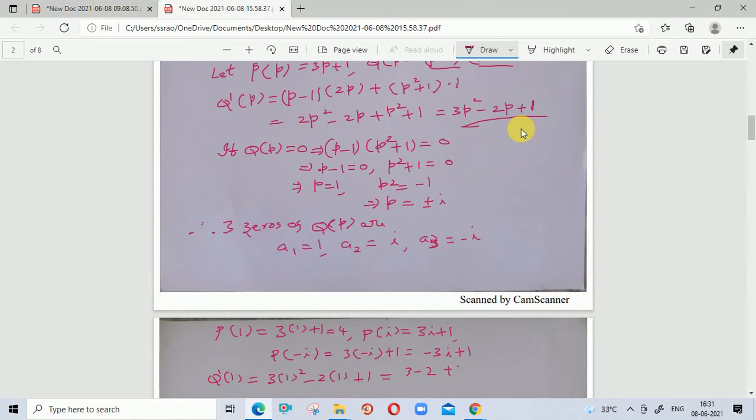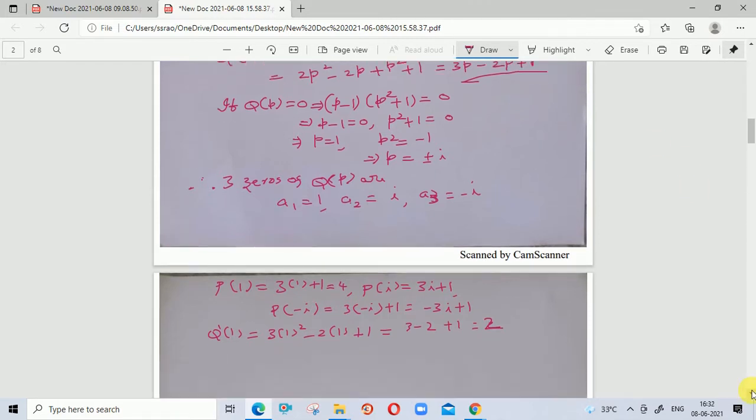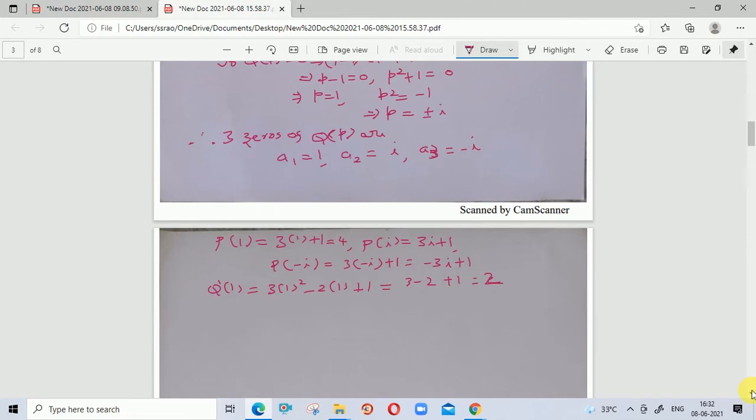So q dash of 1 is 2. Now q dash of i. q dash of i is equal to 3i square minus 2i plus 1.